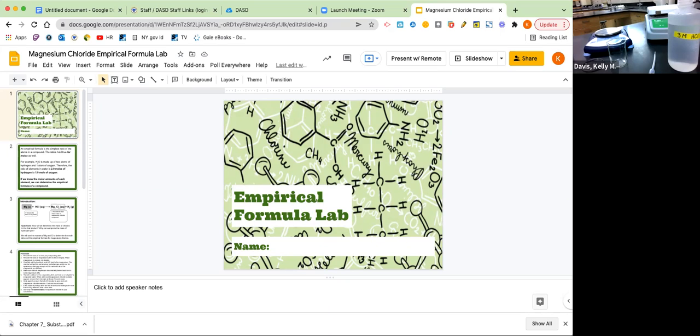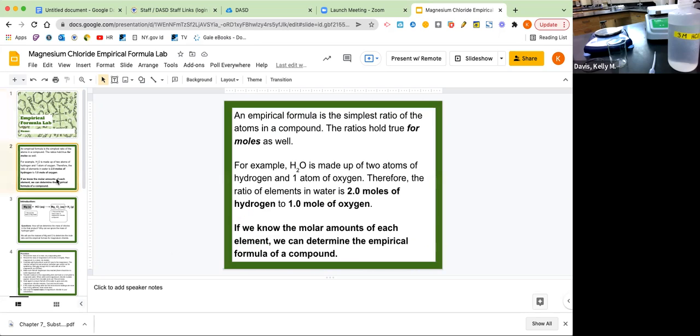So in this lab, we're going to figure out the empirical formula of a compound. A little bit of background: an empirical formula is the simplest ratio of the atoms in a compound. And the ratios hold true for moles as well, which means we can't count atoms, but we can count moles. So for example, water is made up of 2 atoms of hydrogen and 1 atom of oxygen.